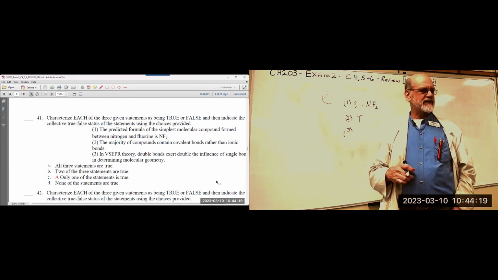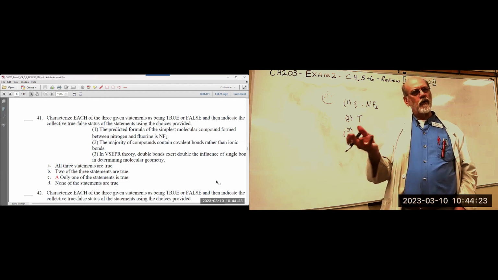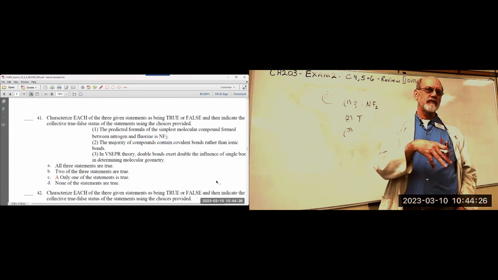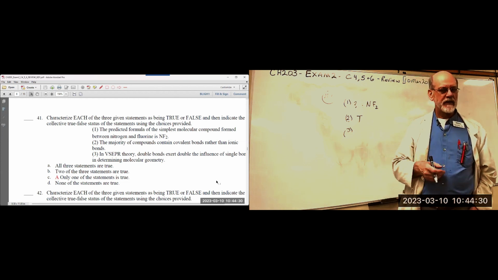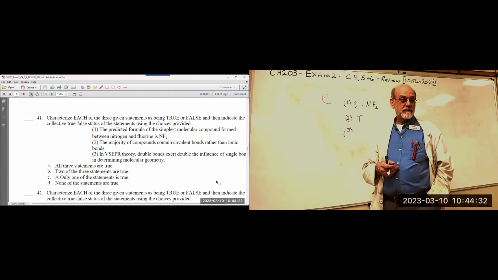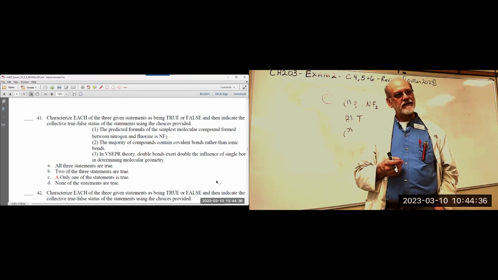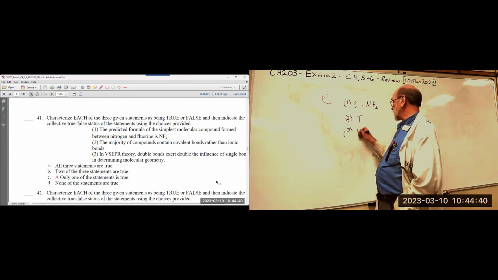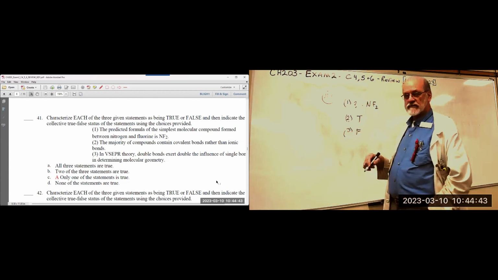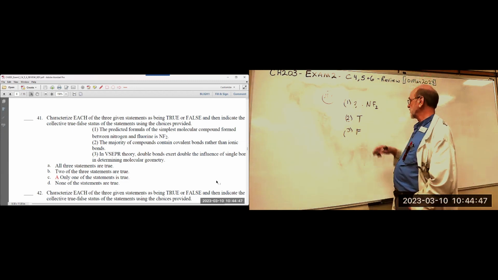I know that doesn't make sense, because you would think bonds formed from 4 electrons versus 2 electrons would have more repulsive force. And that may be true in reality, but the theory says that you treat them alike. So that's the key here. So 3 is false. And that leaves 2 as possibly the only one. Only 1 is true. Yeah.